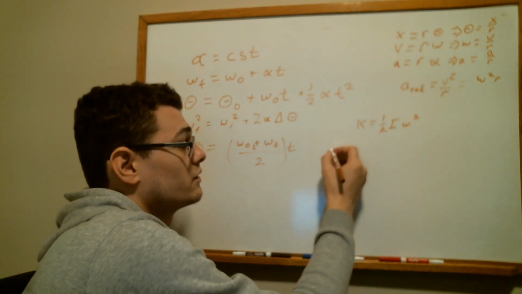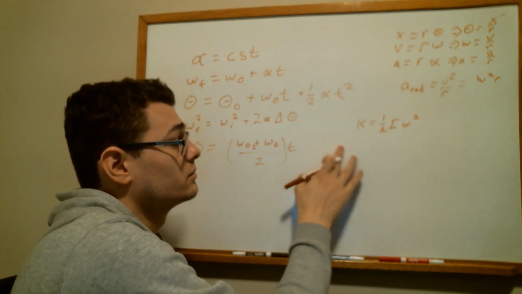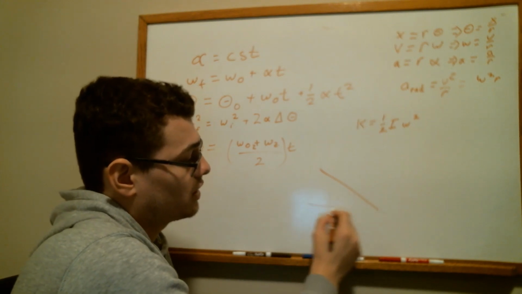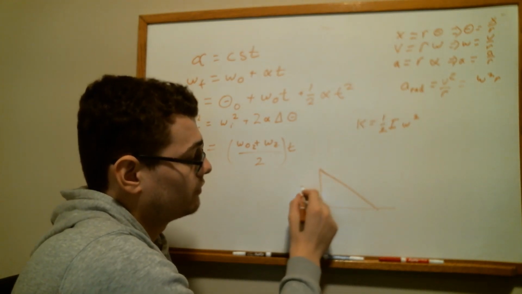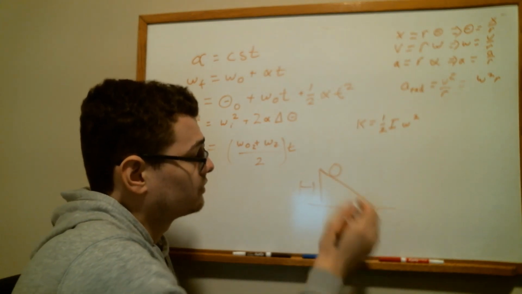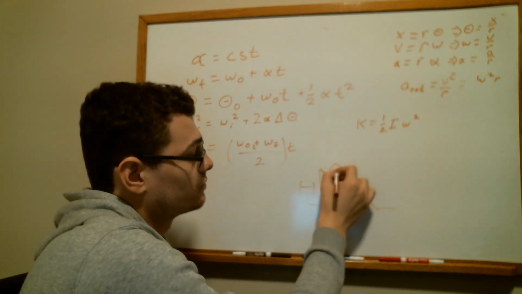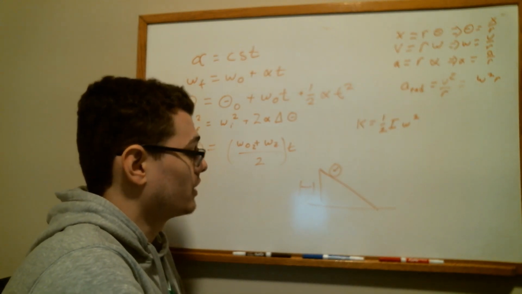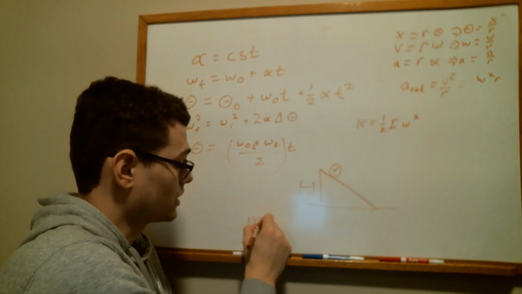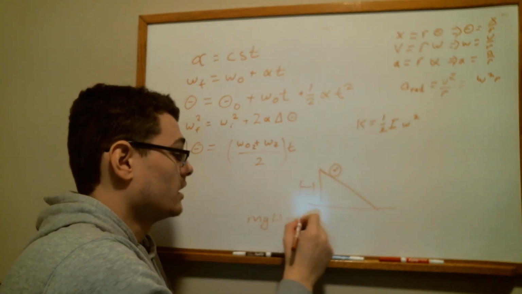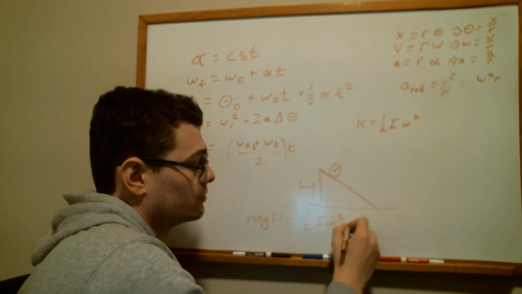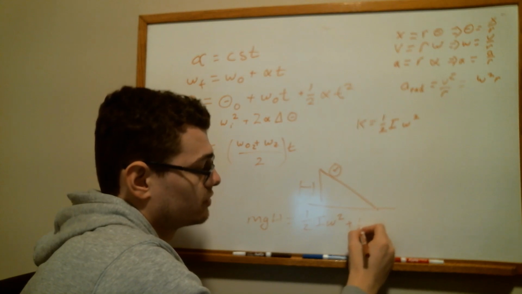So we then said that for a system where you have an inclined plane of height h, and you have a wheel rolling down it with some radius r, at the beginning it has potential energy, so you take mgh, and then at the end you're going to have to split it in between the two types of energy that you can have.